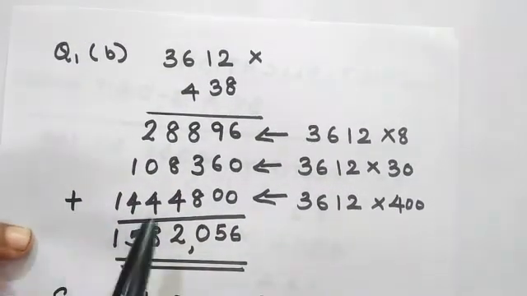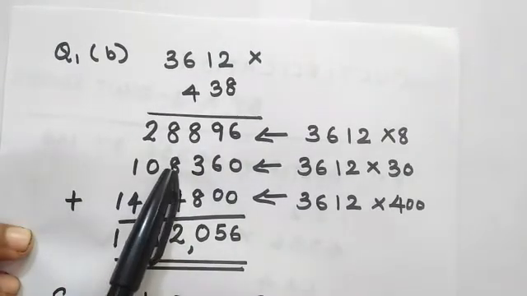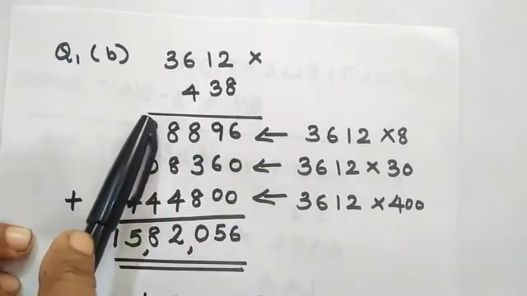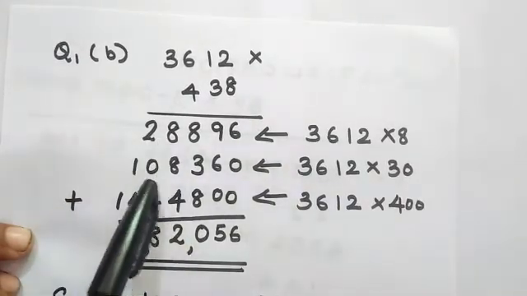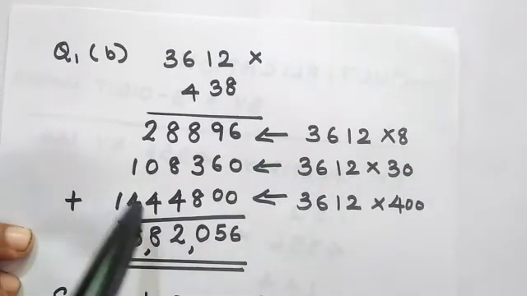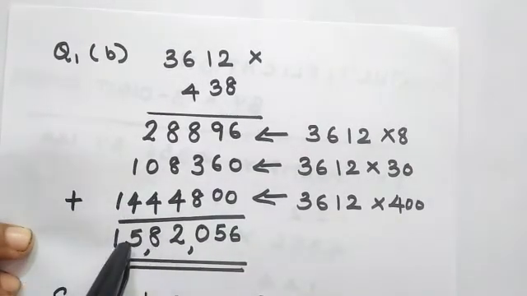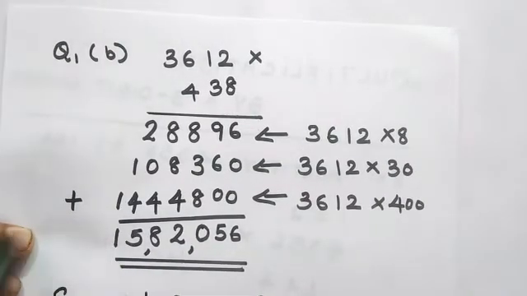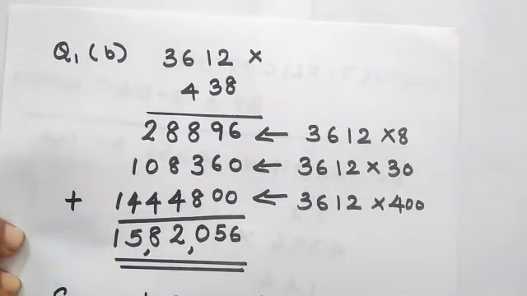Then 8 plus 2, 10, plus 8, 18, plus 4, 22. 2 balance. 2 plus 2, 4, plus 0, 4, plus 4, 8. Then 1 plus 4, 5. 1 is here. So we got the answer 15,82,056. This is the method you have to multiply a large number by a 3-digit number.